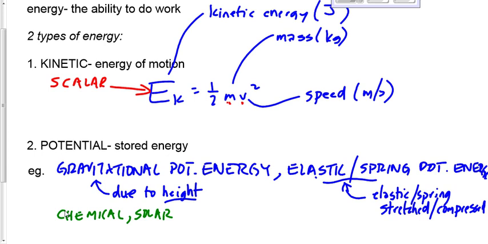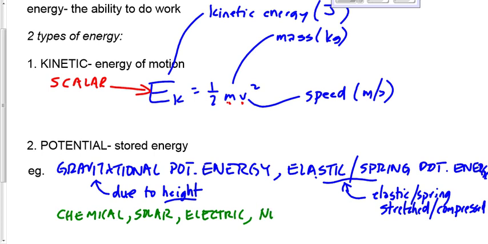Another type of energy, electrical energy. We'll deal with electrical energy quite a bit next year, but not this year. Electric energy can make an electric car go. Stored energy can be converted to kinetic energy, do work. It can make your toothbrush spin, right? Potential energy converted to kinetic energy.